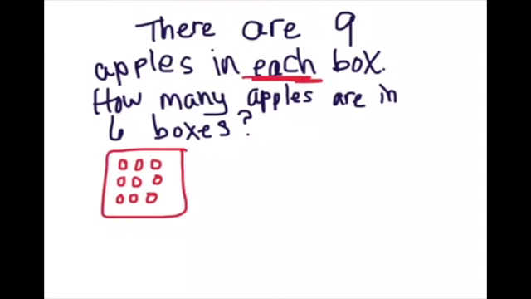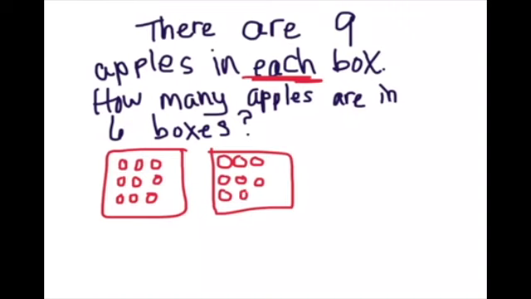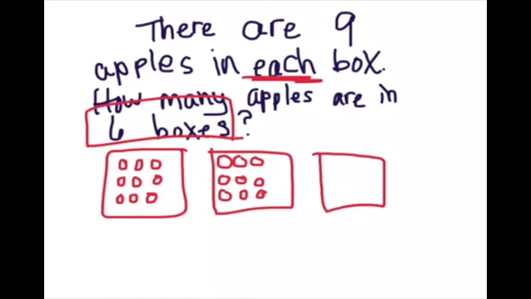So this is one box. And now I'm going to draw another box. I'm going to make sure that there are 9 apples in that box too, because that's each box. How many boxes do I need to draw? 6 boxes. So I'm going to do another box with 9 apples.